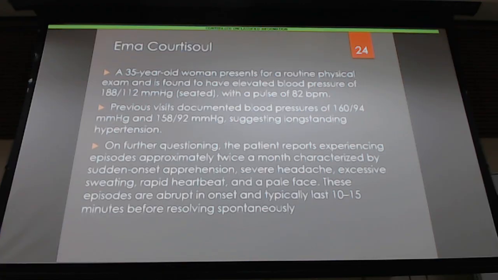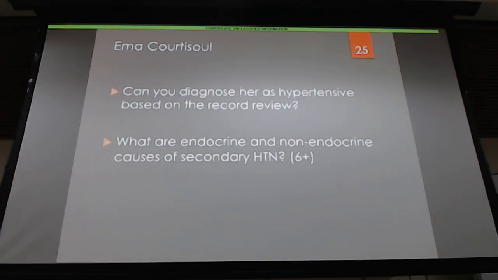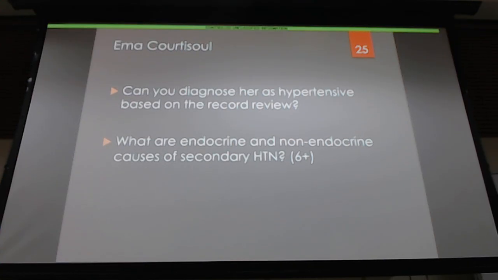These episodes are abrupt in onset and typically last 10 to 15 minutes before resolving spontaneously. What a good history you guys got on her. Yeah. Okay. So can we diagnose her as hypertension? Yeah, sure.